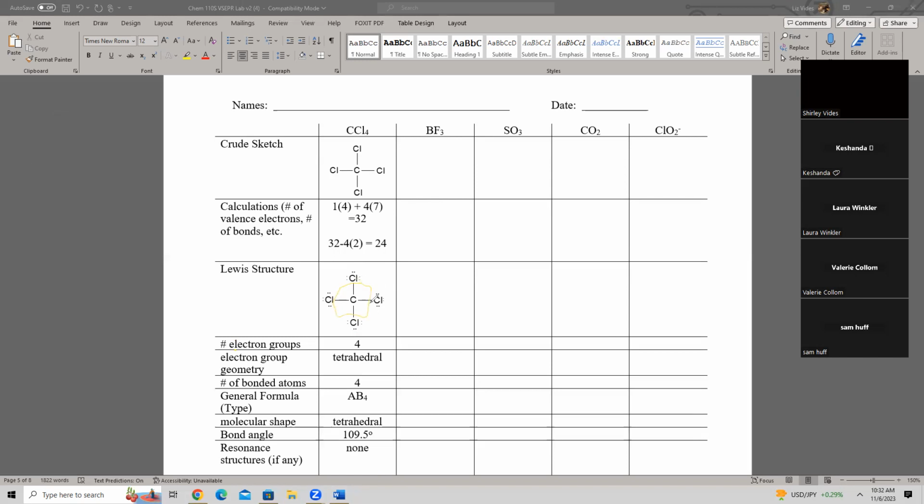How many atoms do you count in that circle that I just drew? Inside that circle. Four? Four times two, right? Because each one of those represents what? A bond. A bond is two electrons. Oh, okay, I get it.